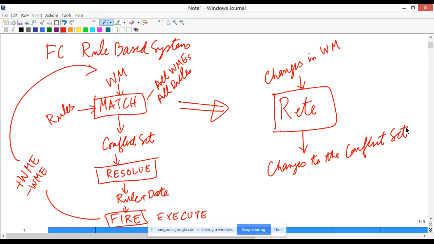So the match algorithm is repeating the work it did in the earlier cycle, in which it matched all these working memory elements with all the rules. What the Rete algorithm allows you to do is to only look at changes in the working memory elements. Changes are the plus or minus that you are adding, and only analyze those in some sense and give you changes in the conflict set. So how does it do that?